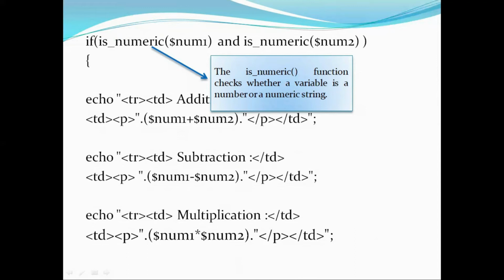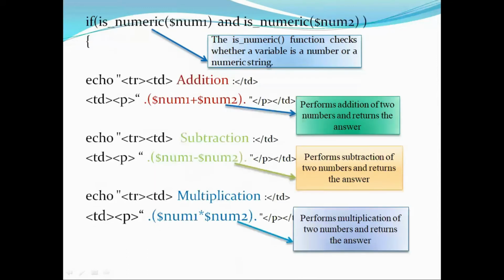If the condition is true, then we perform the different operations: addition, subtraction, multiplication as well as division. Just look at that. Here I am using one echo to print the message called Addition in the table. Try to understand. We are creating one more table row, TR. Inside that TD the value is Addition. Then I am performing the addition of two numbers.